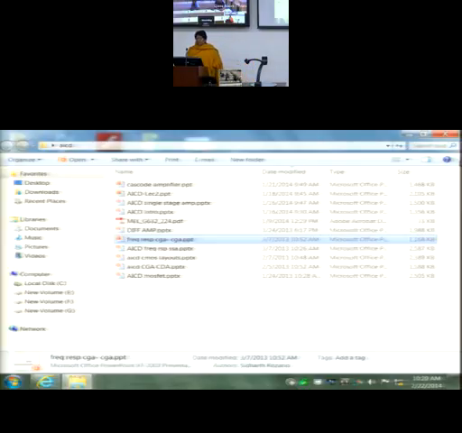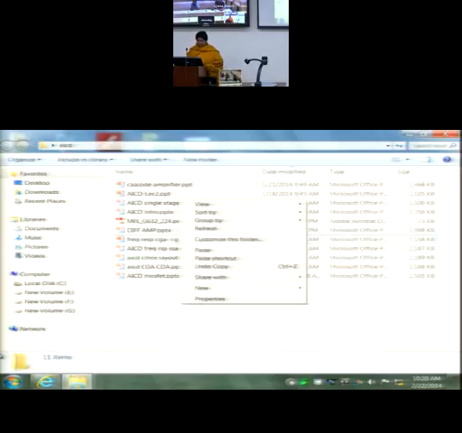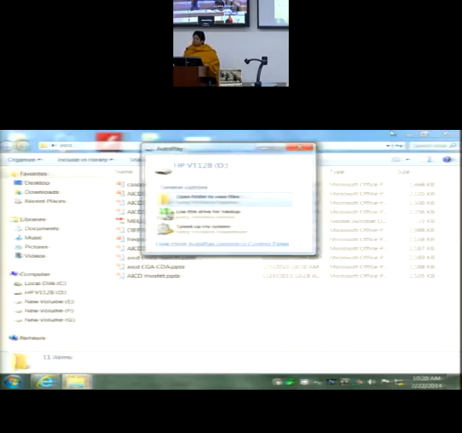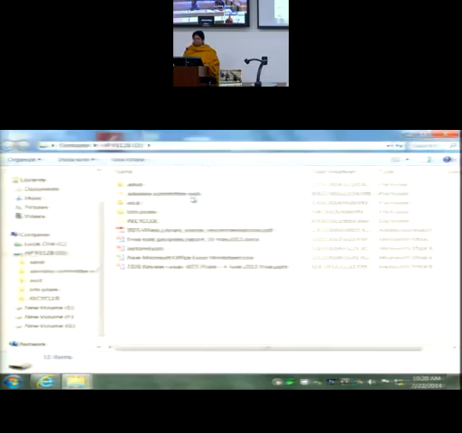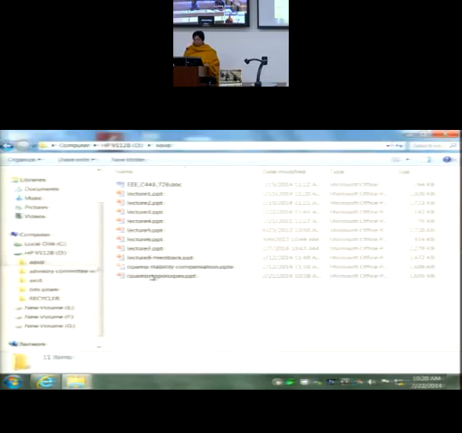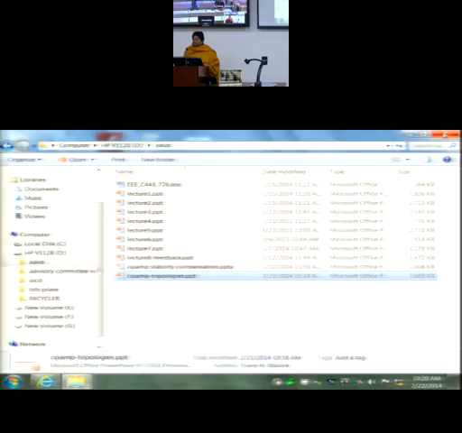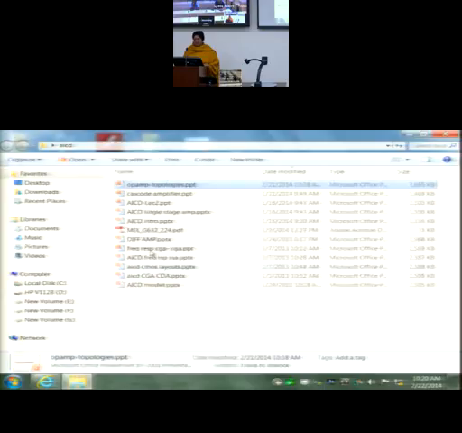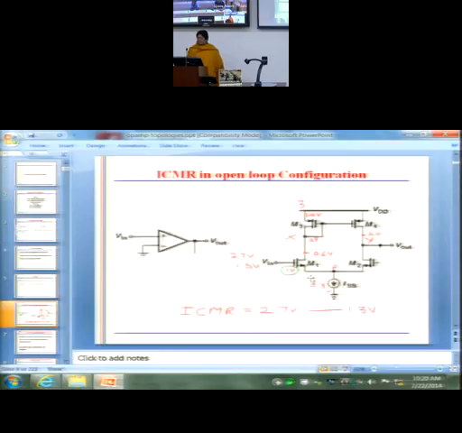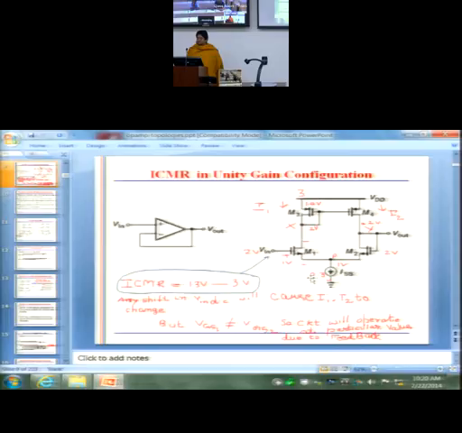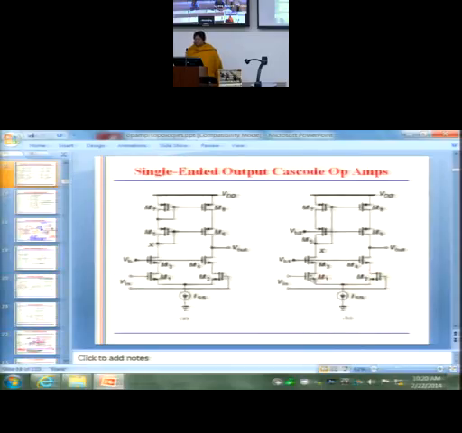So if I move on to the op-amp, let me have the slide, it's not here. So what are the different op-amp structures you can have?